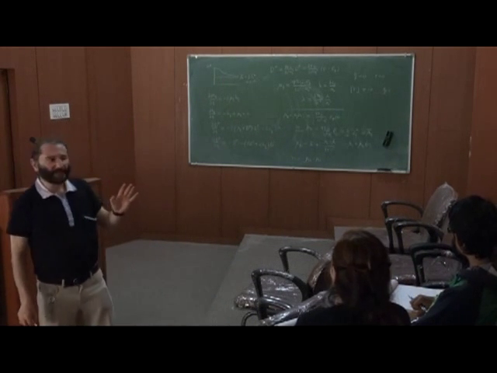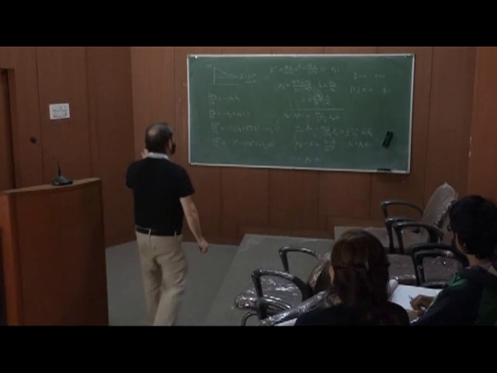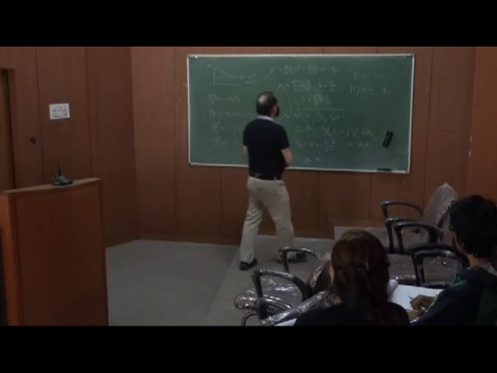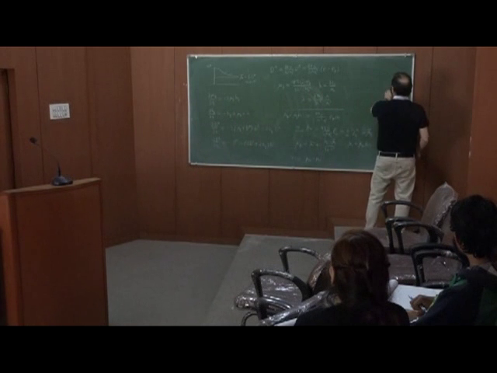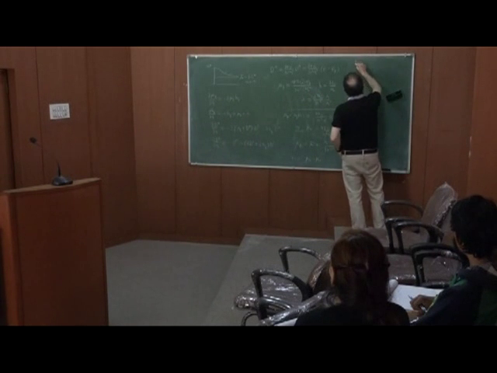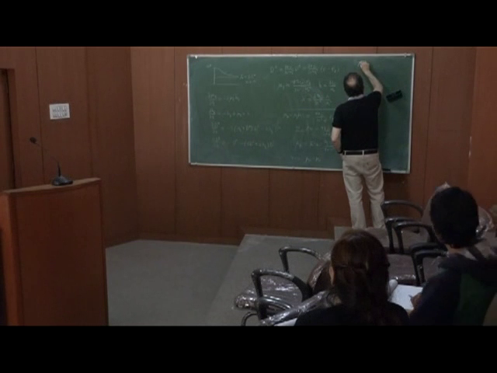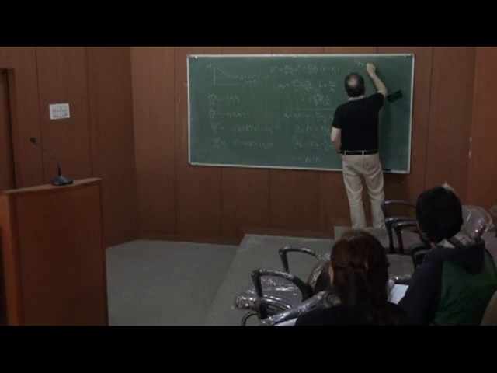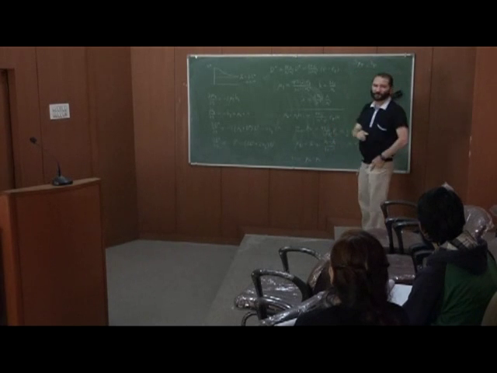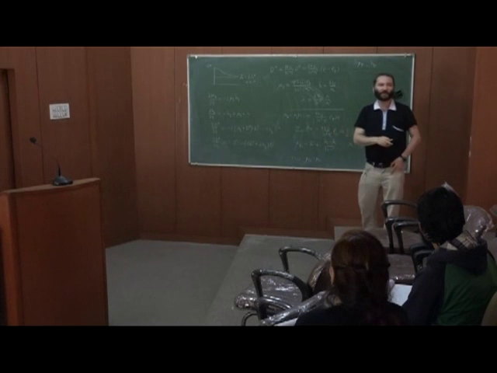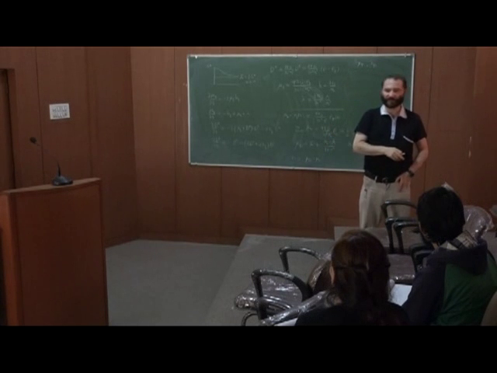Now, we've seen how to do this for the density. What we need is the initial density and then the initial Hubble time. Once we have these two quantities, how do we calculate the initial value of the fluctuations?